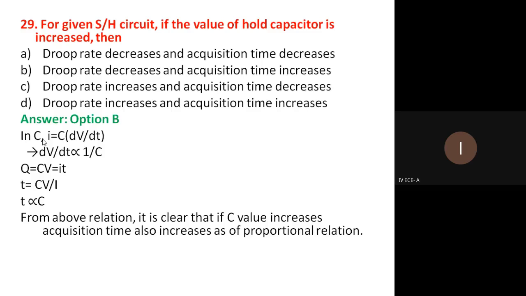So T is equal to CV divided by I. So here T is directly proportional to C. Timing is directly proportional to the capacitance of a capacitor. From the above relation, it is clear that if the C value increases, acquisition time also increases in a proportional relation. So the answer is B.